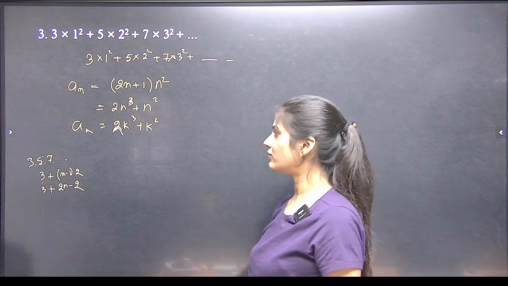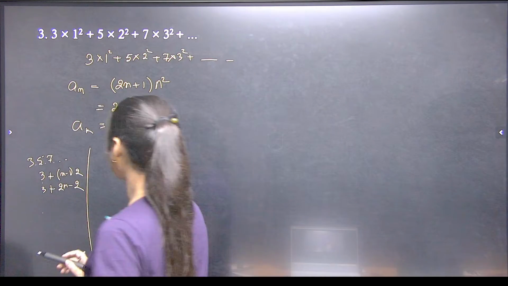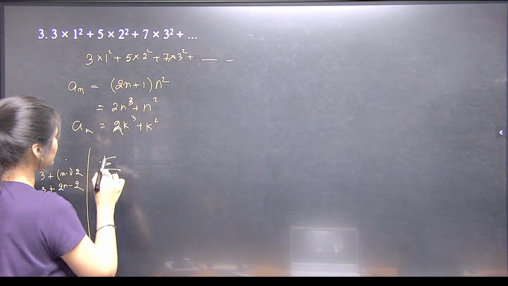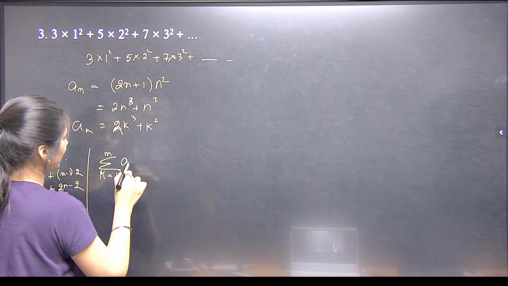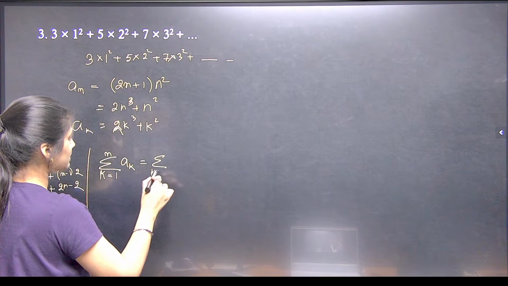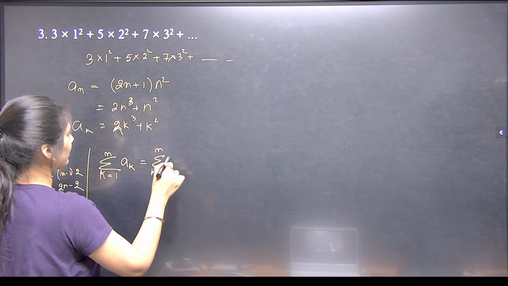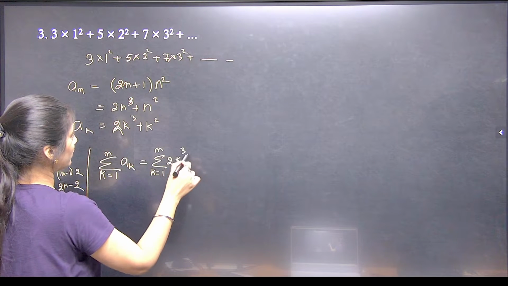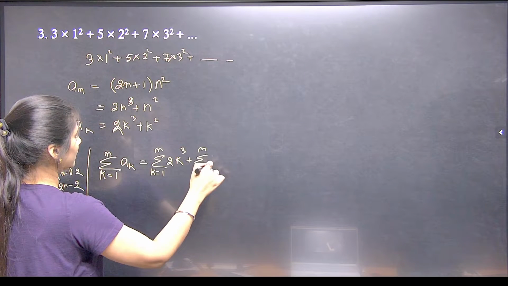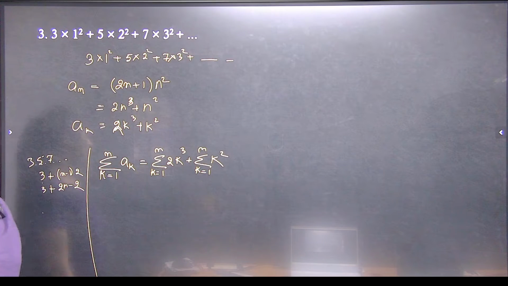Now what we have to find? We have to find summation. So it is summation k is equal to 1 to n ak, and same thing on that side also, summation k equal to 1 to n 2k cube plus summation k equal to 1 to n k square. Okay.